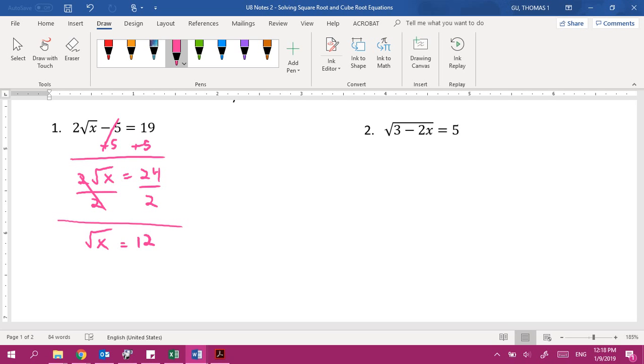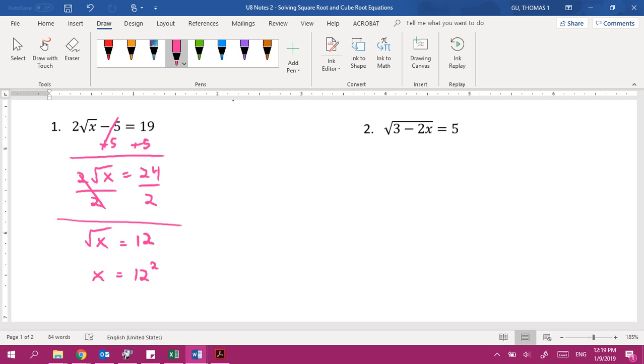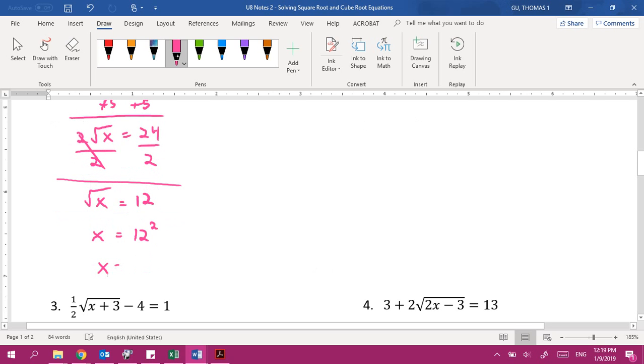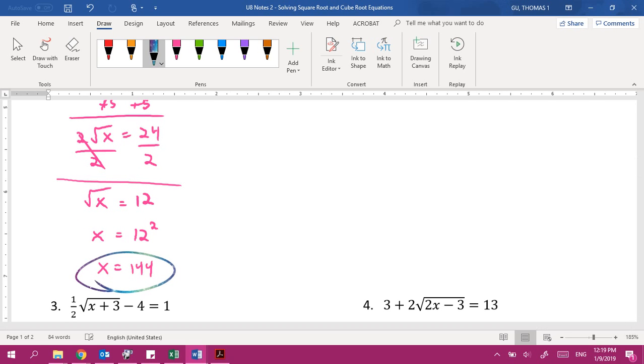When we square both sides, if I square the square root of x, then that just becomes x. But then what happens to the right side? We also need to square the right side. So now it ends up being x equals 12 squared. And what is 12 squared? 144. So your answer is x equals 144.